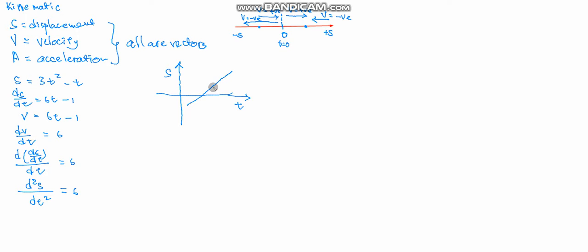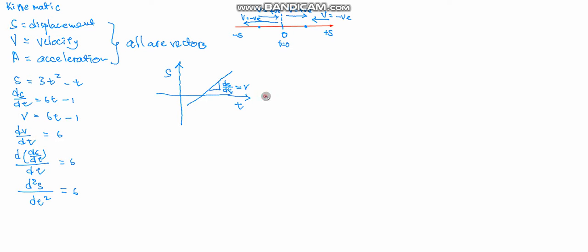Now if I take the gradient here, which is ds/dt, what do I get? If I take this gradient, with ds the change of distance and the time taken, this will actually give you the velocity. The gradient will actually give you the velocity.